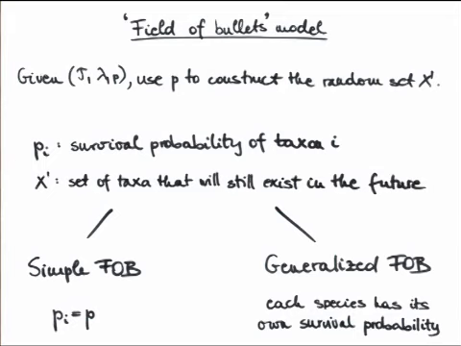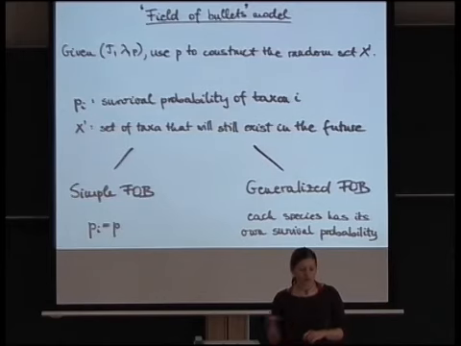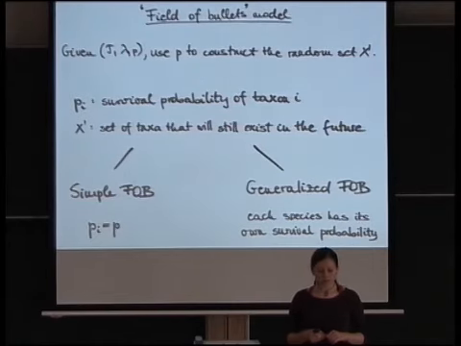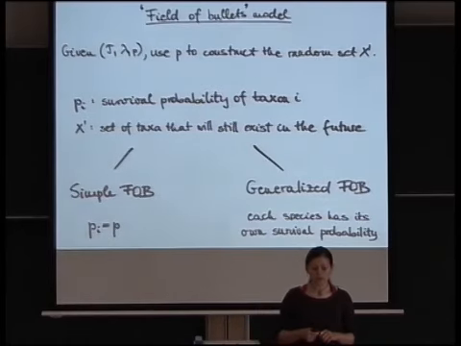We regard X prime as the set of taxa that will still exist at some time in the future. We have two models. The simple field of bullets model, where each species has the same probability of surviving, whereas the generalized field of bullets model allows each species to have its own survivor probability. Extinction events are in both models treated as independent events.